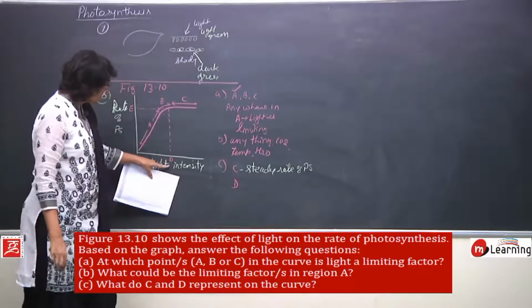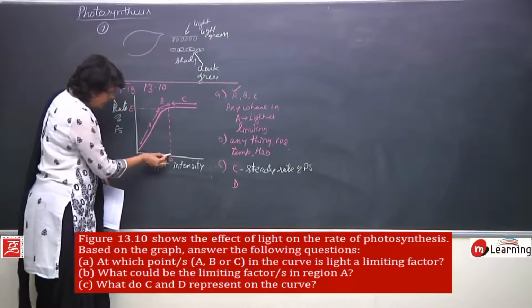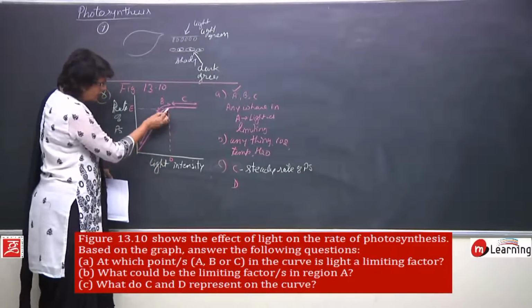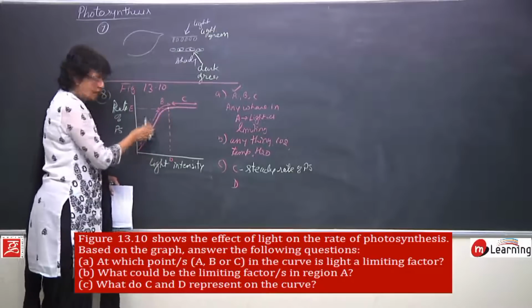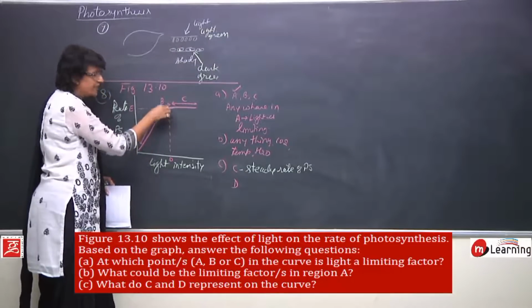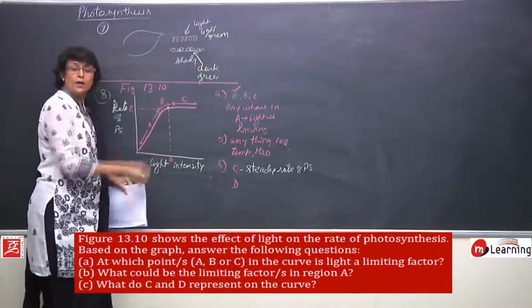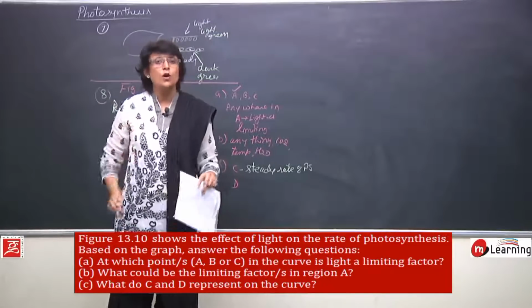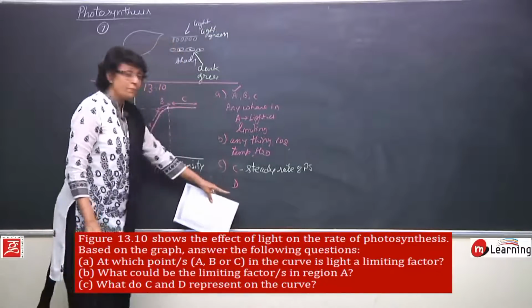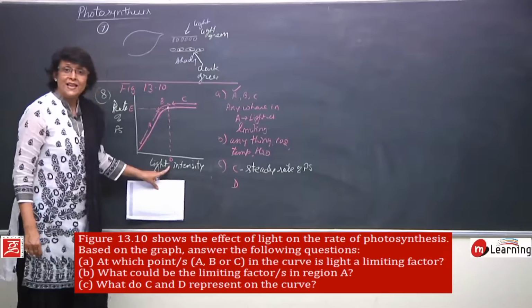What is D representing? D, if you see this, this is the highest point. After that it has become straight. So it went up and here it reached the highest point. What is that point where the rate of reaction is maximum? We call it optimum. So D represents the optimum light intensity.